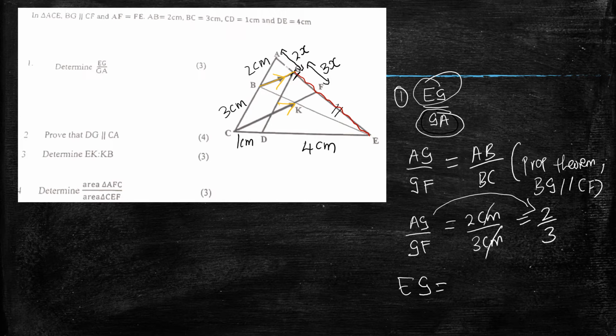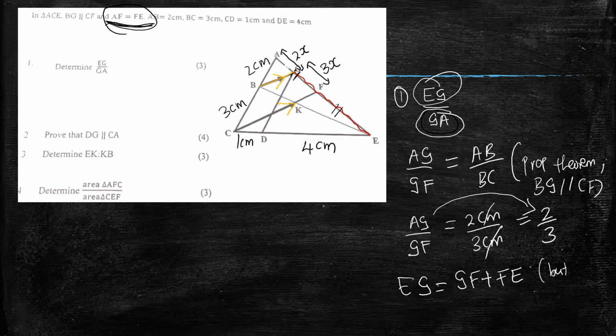Here's EG. EG is made up of GF and FE, don't forget that. But our FE is equal to AF from the statement there. So where there is FE, we can replace it by AF.